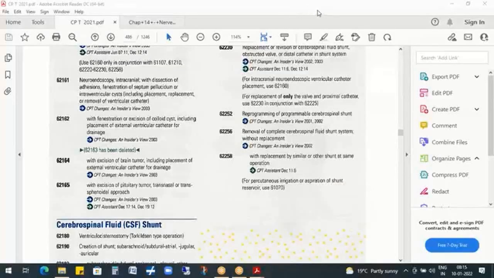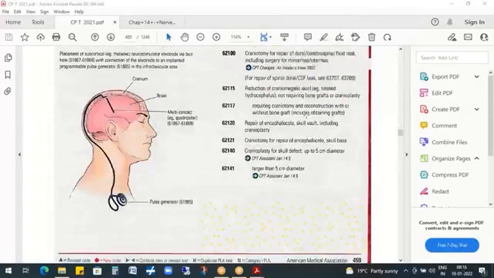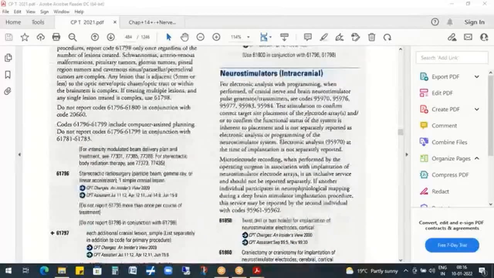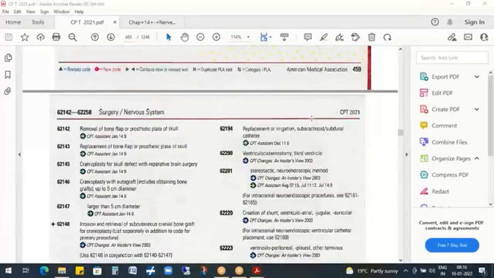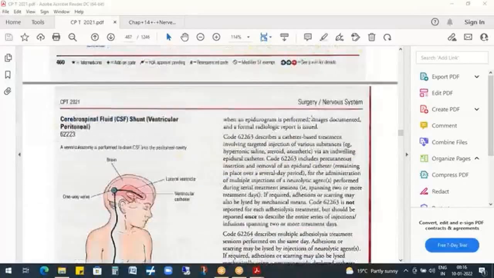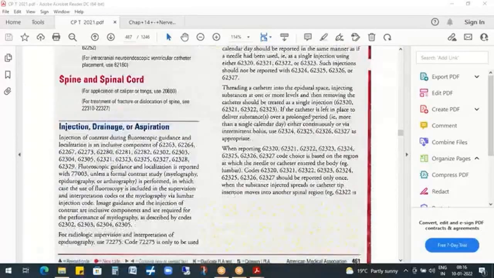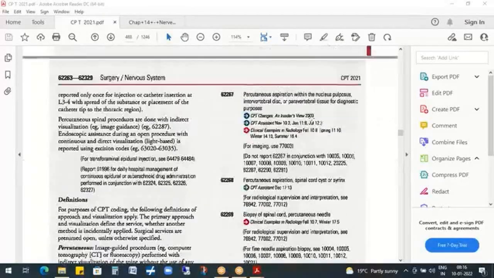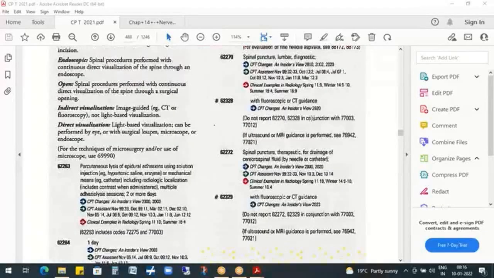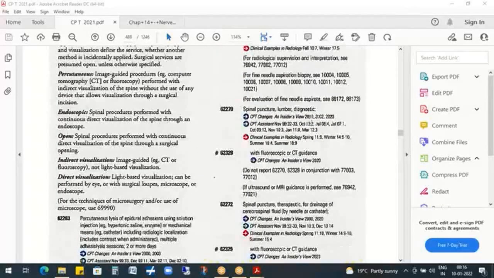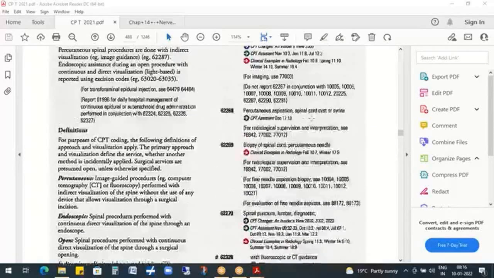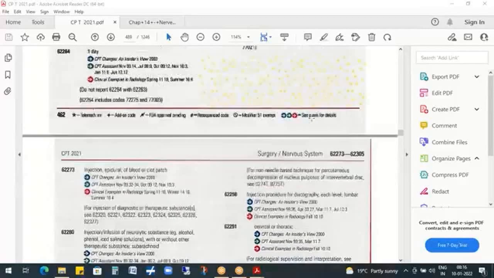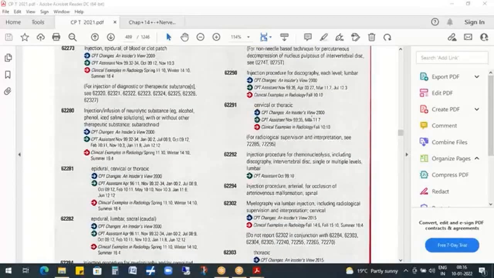Now you can see the important codes for the spinal cord. First mark the codes. 62321.